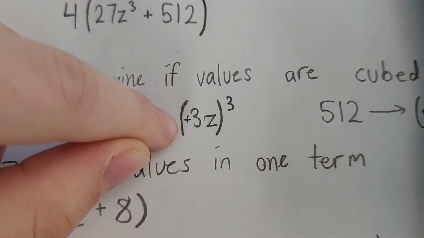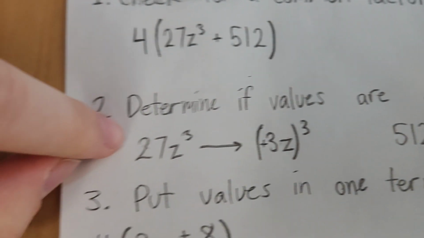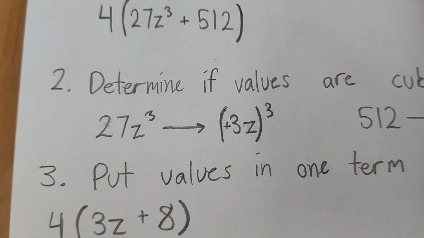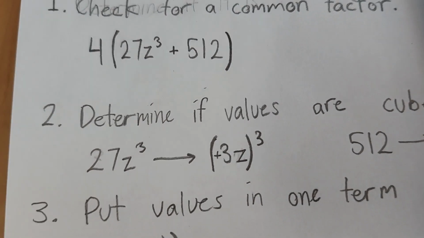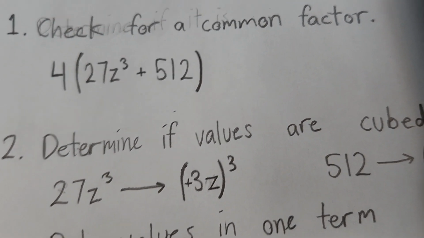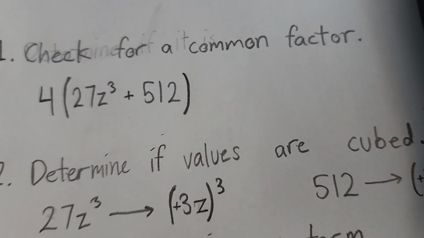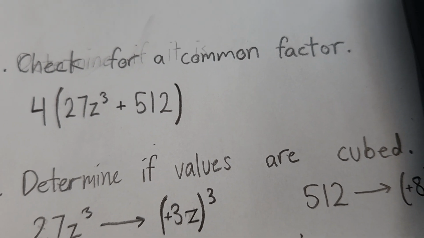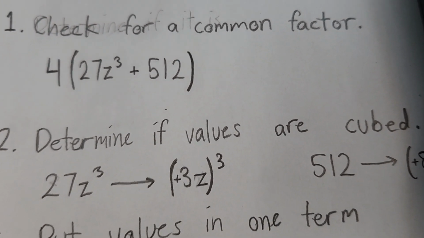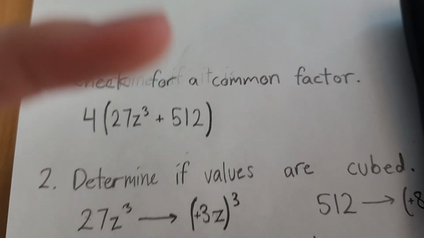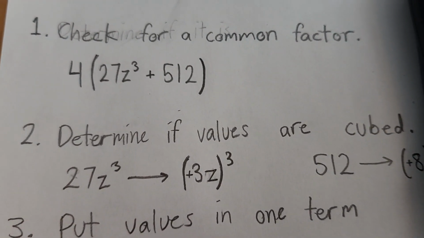It has to be positive because this 27z cubed can also be negative. In cubed things, where 3 numbers are multiplied by each other, if you have 3 negative numbers multiplied by each other, they can equal a negative at the end. It's not like squares, where 2 negative numbers will still get you a positive value.